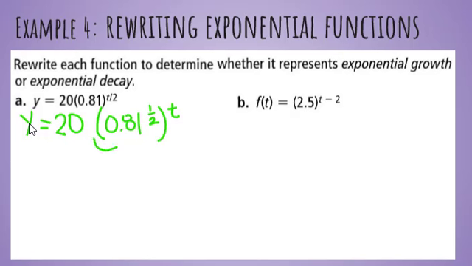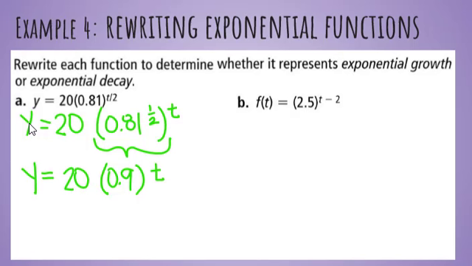Now we need to simplify this 0.81 to the 1/2 power, or doing the square root of 0.81. If you recognize 0.81, that's a perfect square. The square root of 81 is 9. So the square root of 0.81 is going to be 0.9, and then this is to the t power.